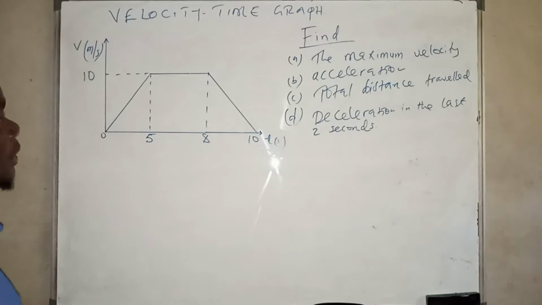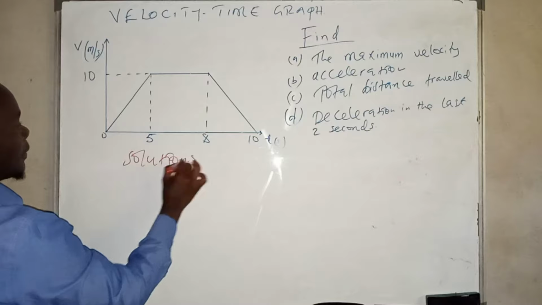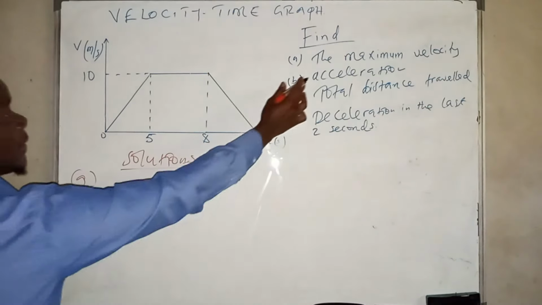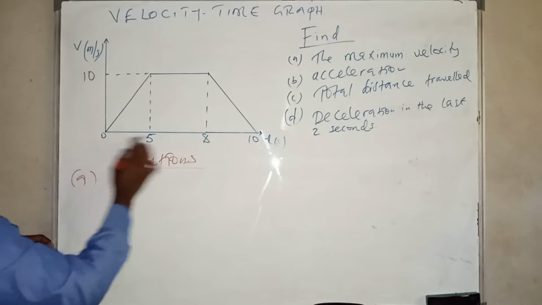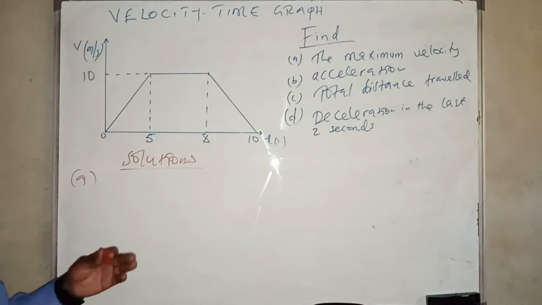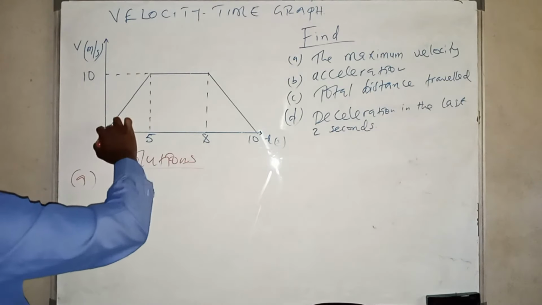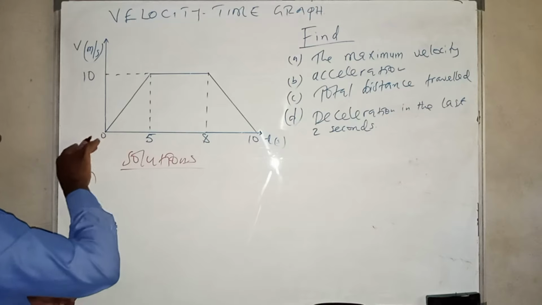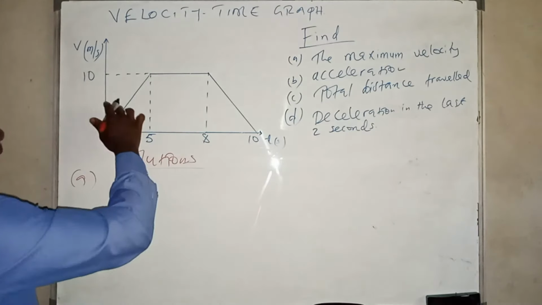So here, we're going to begin with the first one. So let us do solutions. For the first one, the maximum velocity. So this axis is for velocity, and this one is for time. In speed or velocity time graphs, the line that slants upwards to the right represents the acceleration.